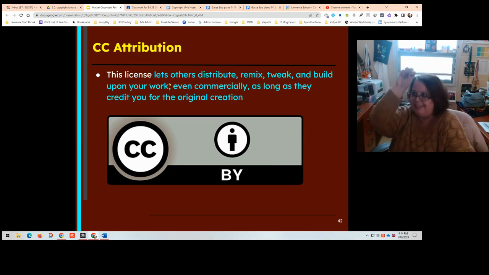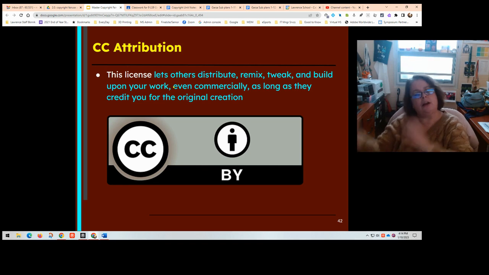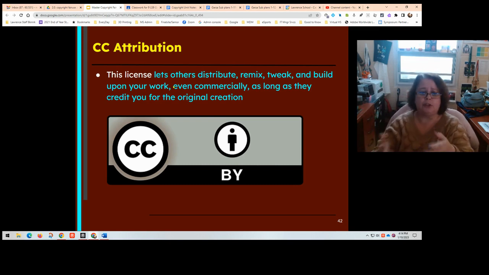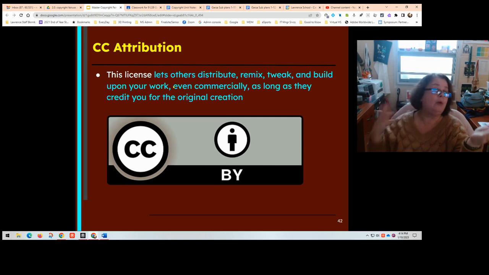You're putting that information in the credits or somewhere in your work, in your remixed version of that work. So if I find a Creative Commons song and I re-record it, maybe make it a country version or a rock version instead of its original version, as long as it was originally an attribution license, that would be okay.